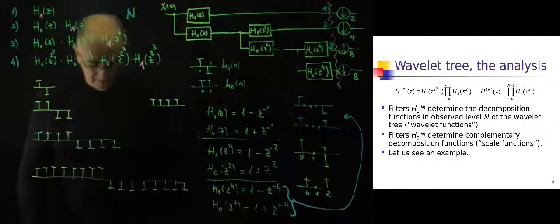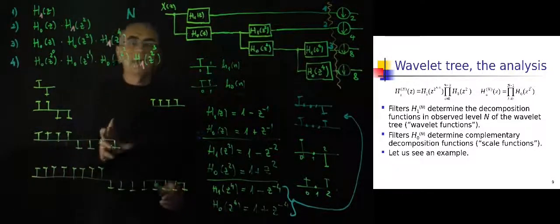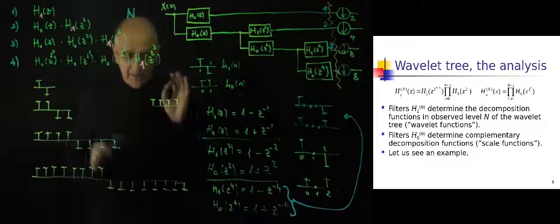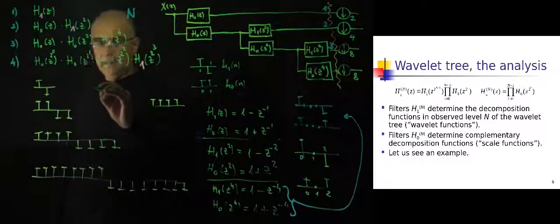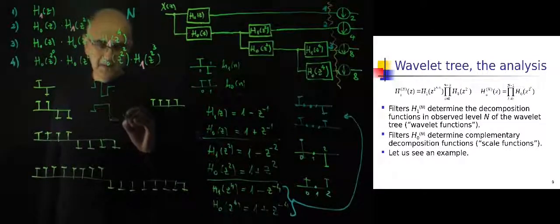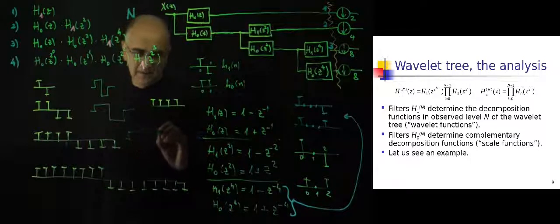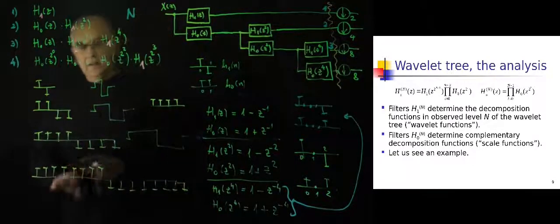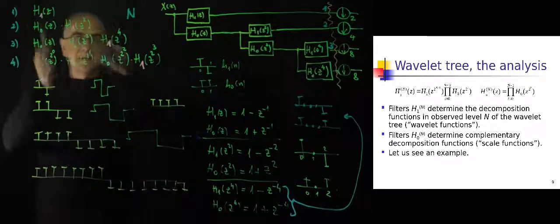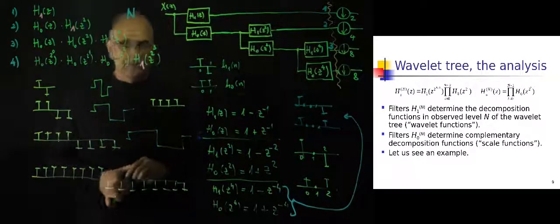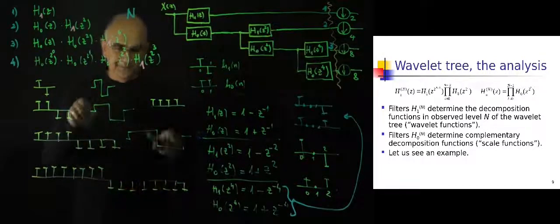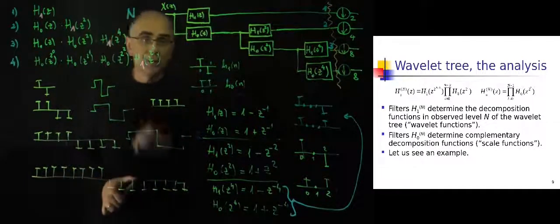We can even imagine that it is a kind of sampling of a continuous function. It has never happened, of course, but we can always imagine that there is a continuous function that looks like this, that looks like this, or like this. What we had as a cascade of completely discrete filters is nothing else but the sampled version of the wavelet function.